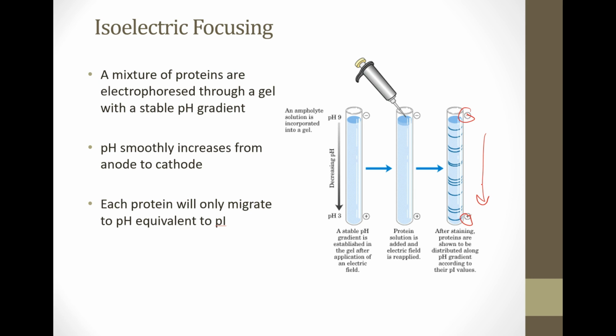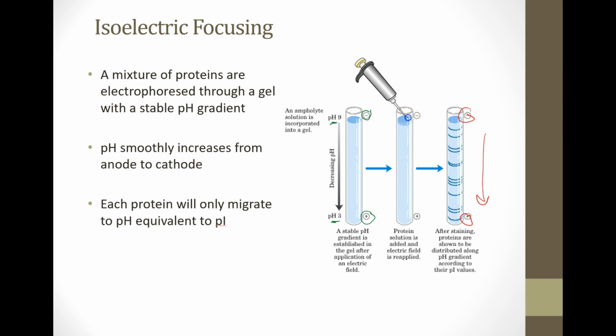So the idea behind isoelectric focusing is you start with high pH in the gel, and it has a gradient which goes to a low pH, and this is then loaded into your electric field.